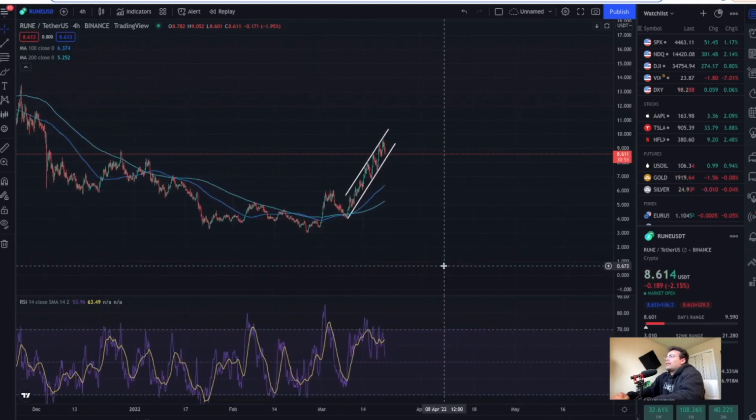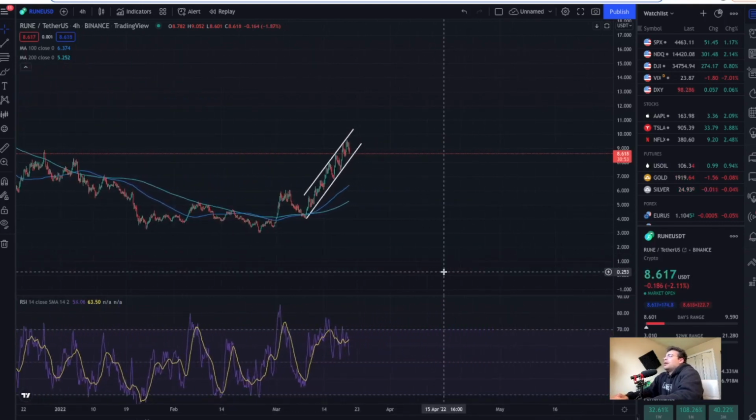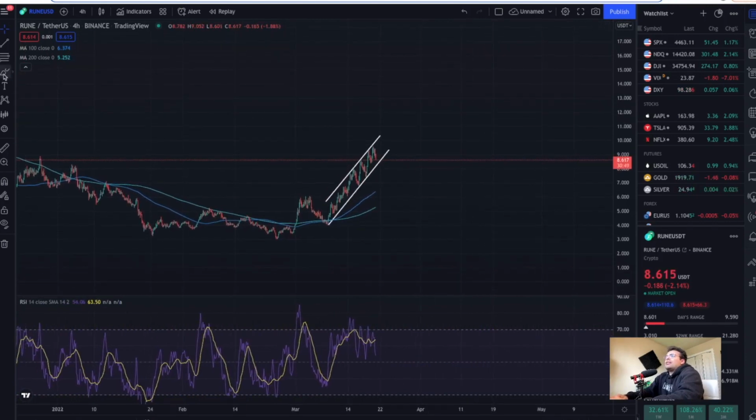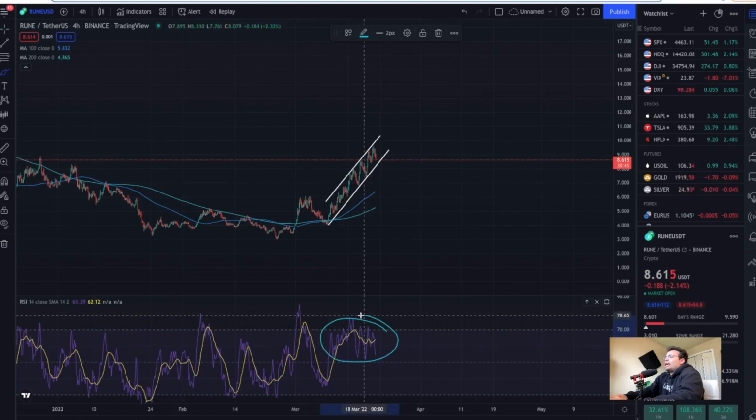The one thing that concerns me short term, not long term, about Rune in terms of an entry to invest in is the fact that we've had this RSI playing between 50 and 70 for quite some time, almost that whole 2-week period since we've been on that ascending channel. And why that's concerning is because 70 is the overbought mark, meaning that it's most likely overvalued.